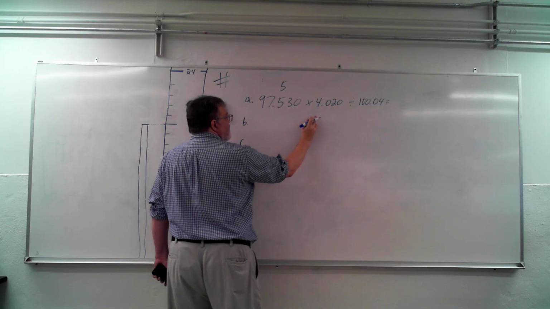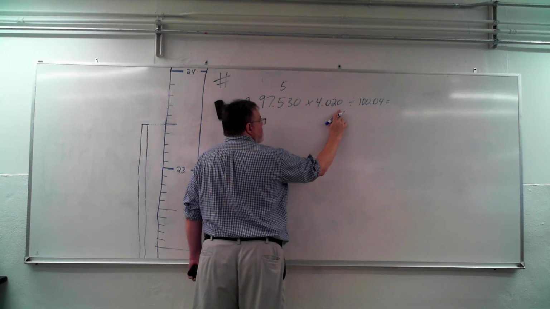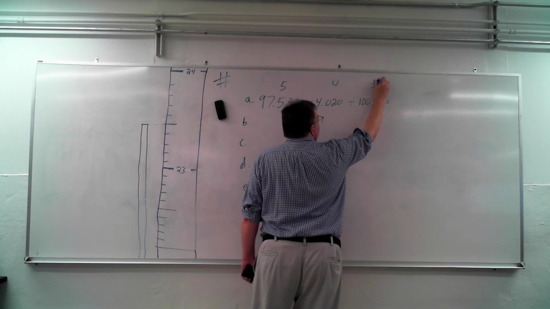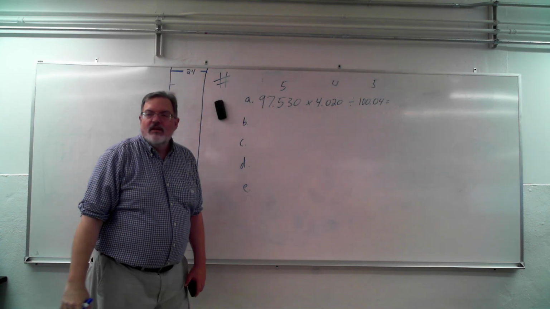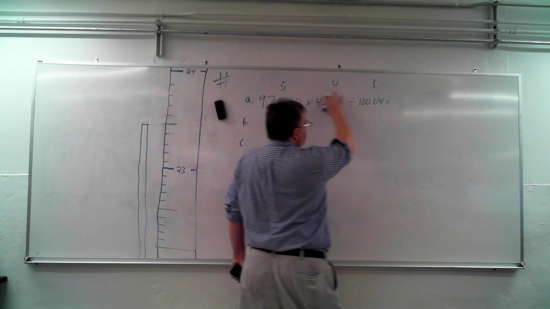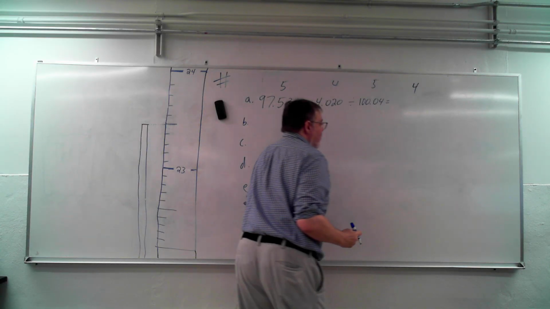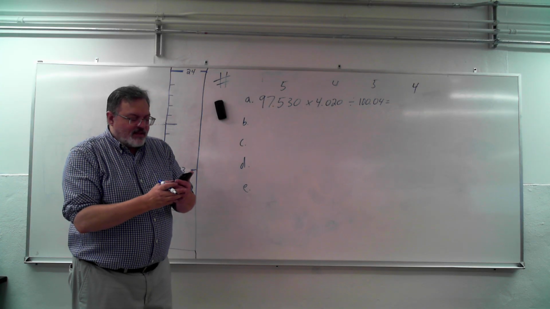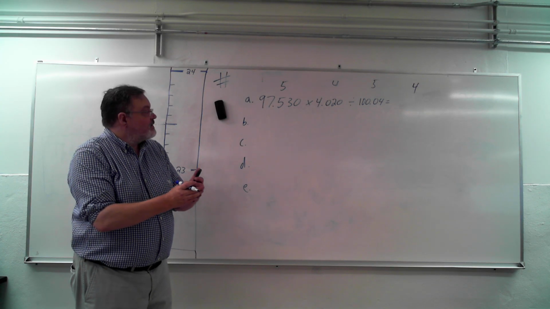That's 5 significant figures. How many significant figures here? 4. 1, 2, 3, 4. How many here? 5. So what does our answer need to be? 4. It's got to be the lowest number. So my answer needs to be 4 significant figures. You can do that right at the beginning, and then the next step is just to use your calculator.